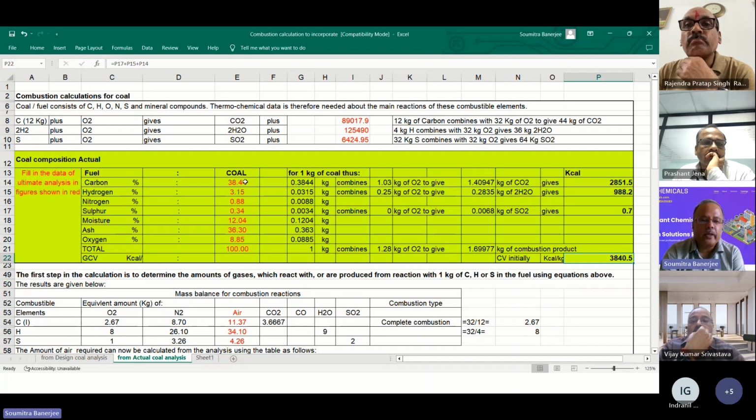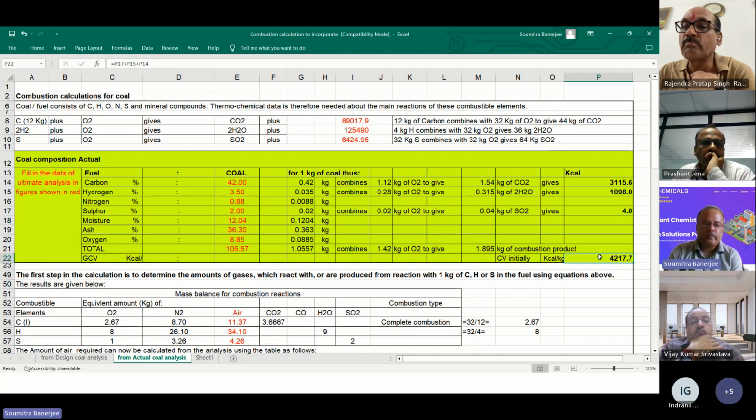Like if carbon is 42% and hydrogen is around 3.5%, then you may end up with 4214 kilocalories. Sulfur also plays a little important role. If I make sulfur 2, then it is slightly increased.